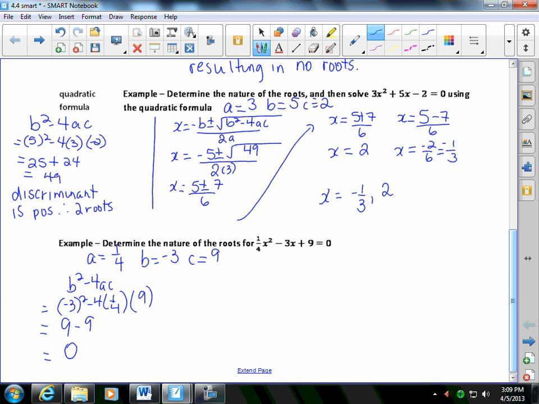So from my notes at the top of the page there, if b squared minus 4ac is equal to 0, that means I have one possible solution. Okay, so my discriminant equals 0. So I have one root.